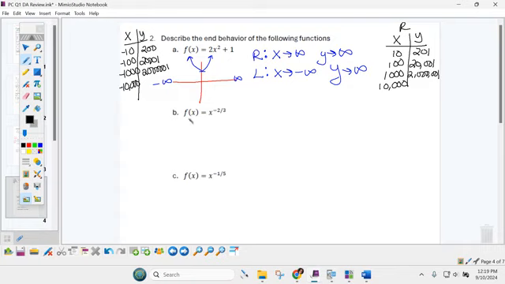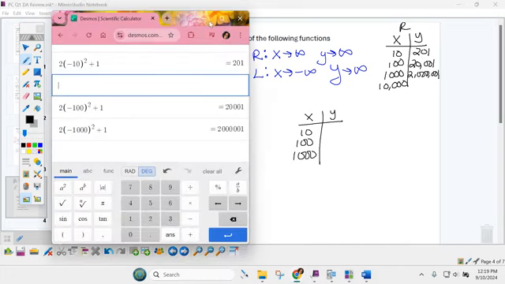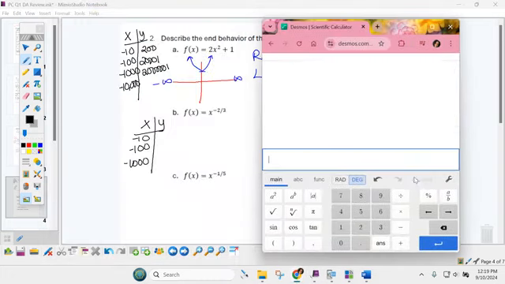So now for this function, maybe I don't want to graph it. So let's look to the left. Let's look really far to the right. And input to this function x to the negative 2/3.